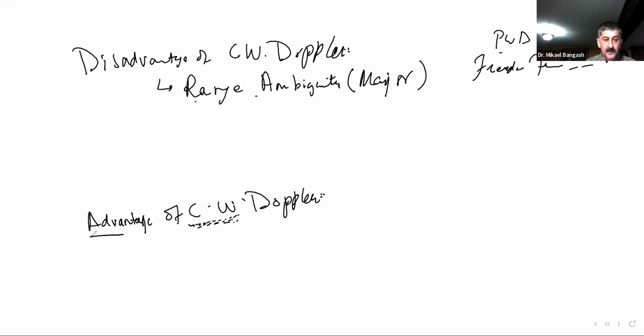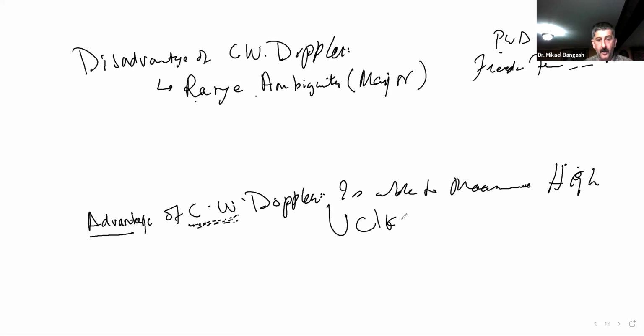The advantage here is that this continuous wave Doppler is able to measure high velocities. Is that clear?